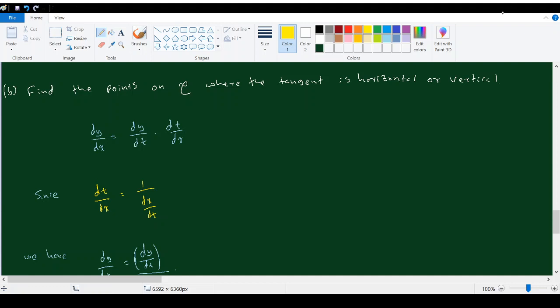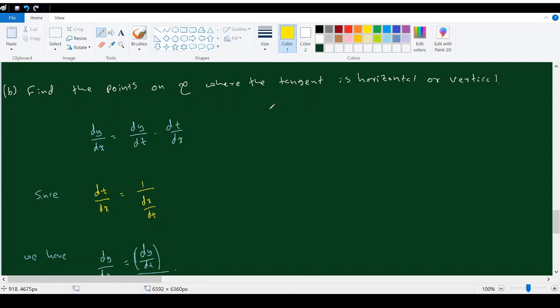Now we are asked to find the points on the curve C where the tangent is horizontal or vertical. So how are we going to relate this horizontal and vertical nature along with the derivative?